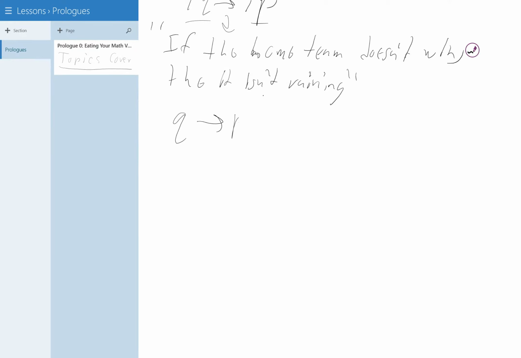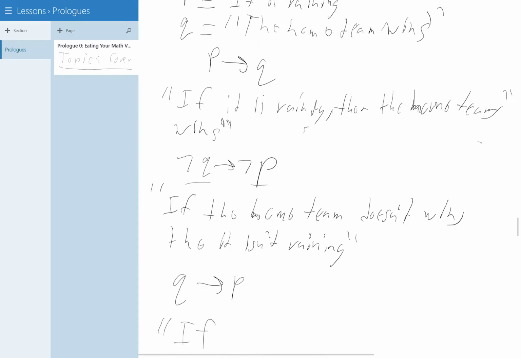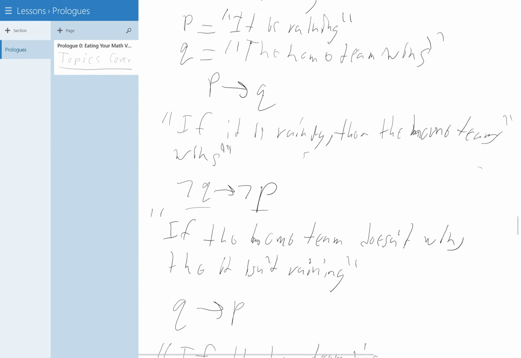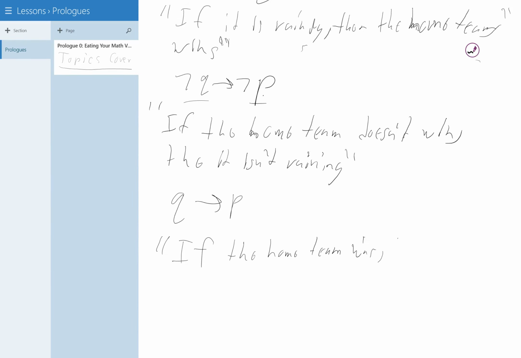Q implies P. So with the Q statement, if the home team wins, then it is raining. This is a perfect example.